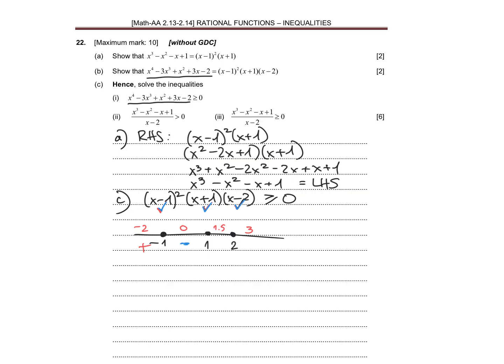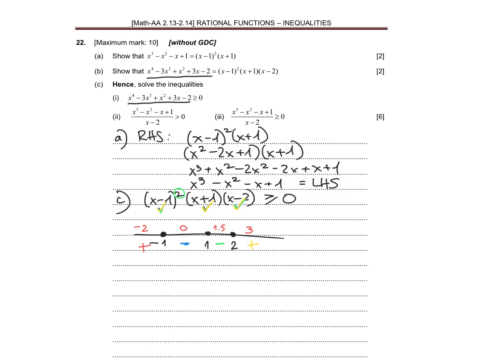So this is going to be negative. At 1.5, we're going to have positive, positive, negative, which makes sense because at 1, it's an even exponent, which means it's bouncing off the x-axis, okay? And at 3, we're going to have positive, positive, positive.